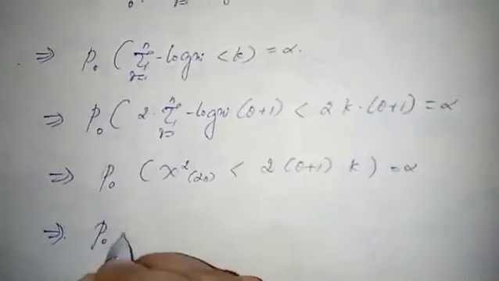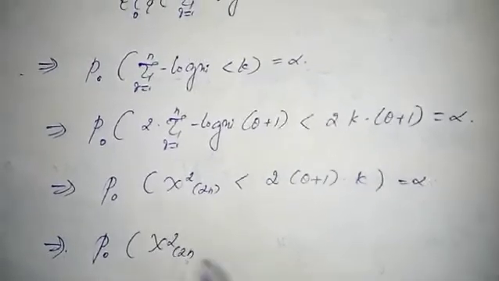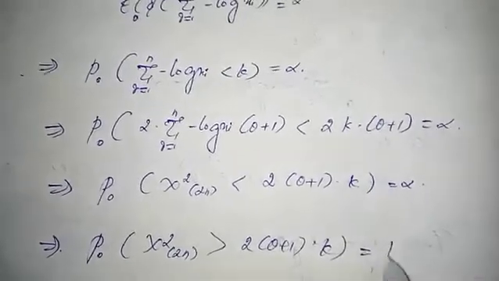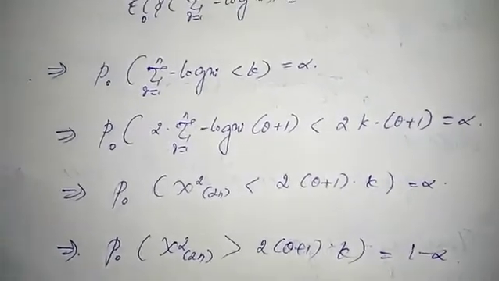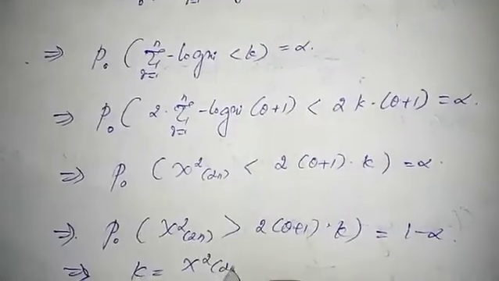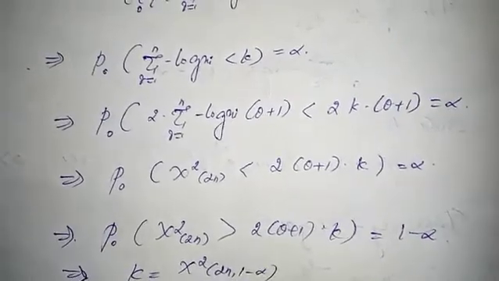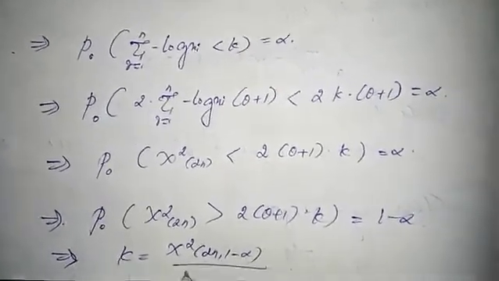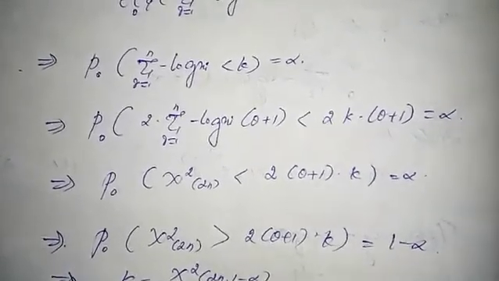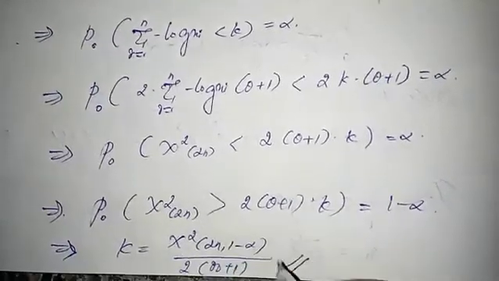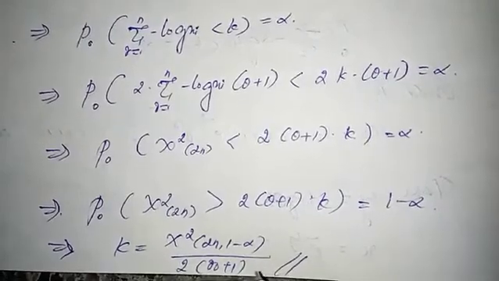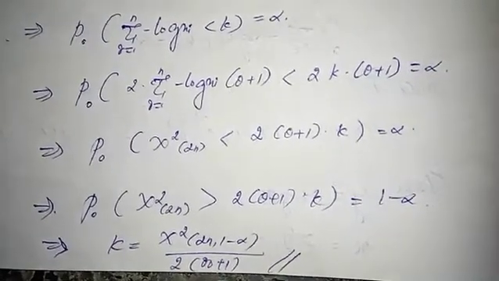It is the probability that chi square 2n is greater than 2 theta plus 1 into k, equal to 1 minus alpha, which implies k equals, what is then the k value? k equals chi square 2n 1 minus alpha divided by 2 into theta naught plus 1, under H0. Here it is theta naught. This is the k value.